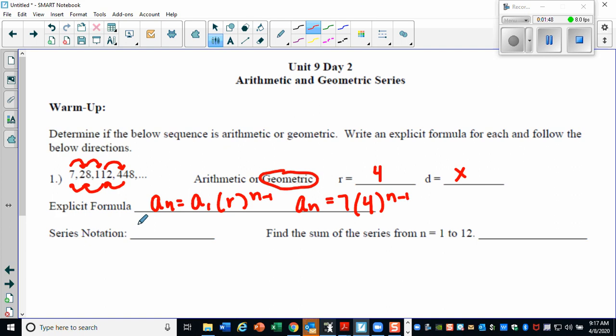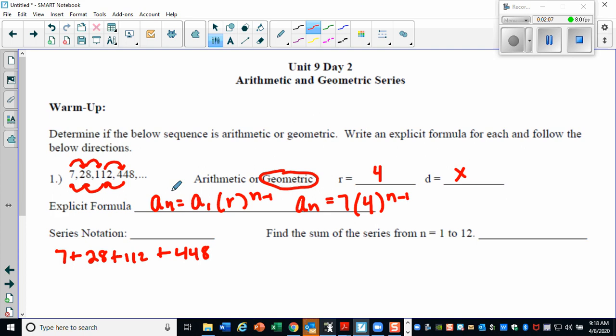Now remember, the explicit formula is just finding one specific term in that sequence. Series notation is basically taking your sequence and putting a plus sign between the terms. It's telling us, let's add everything up.